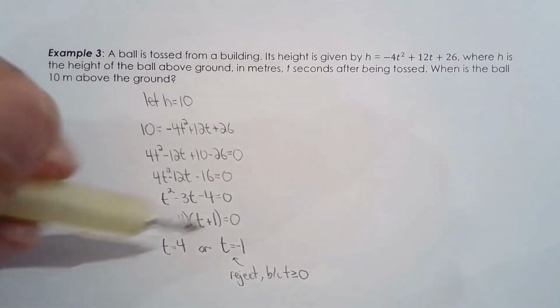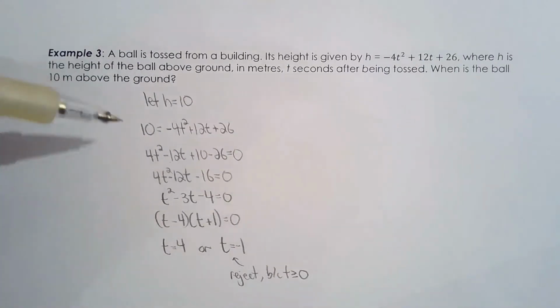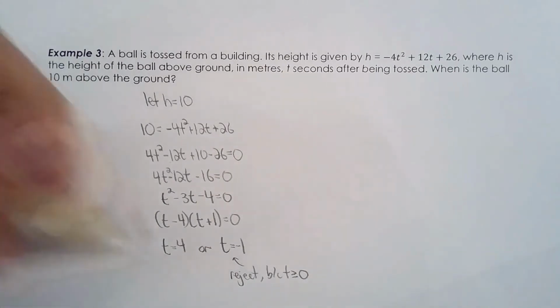Actually you can be at 0, because the ball might be 10 meters above ground to begin with, but definitely not when it's negative. So therefore the ball is 10 meters above the ground after 4 seconds.